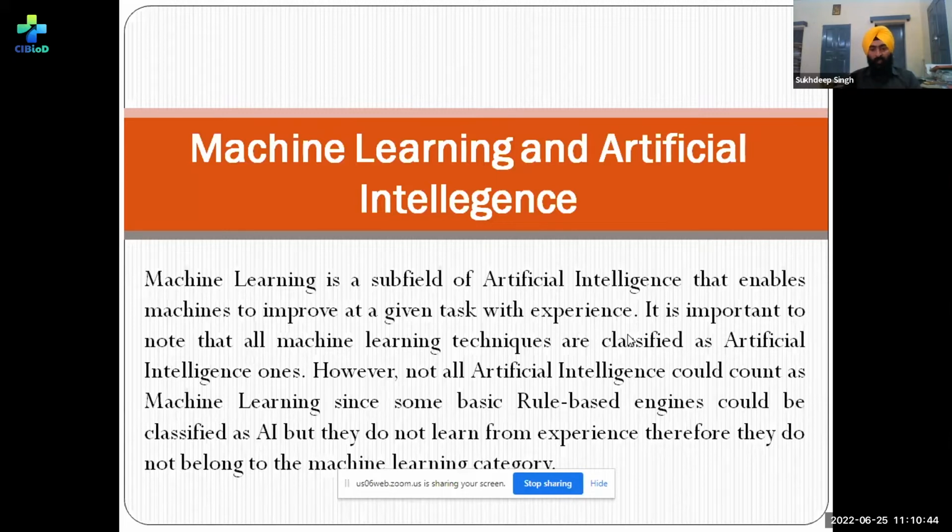It is very important to note that all machine learning techniques are classified as artificial intelligence ones. So we can say that machine learning is a subset of artificial intelligence, and artificial intelligence is a superset of machine learning. When a machine learns with experience using AI, that is machine learning.